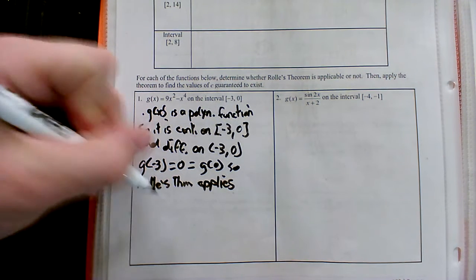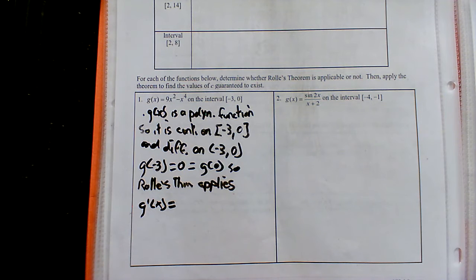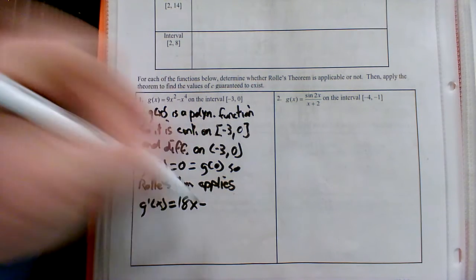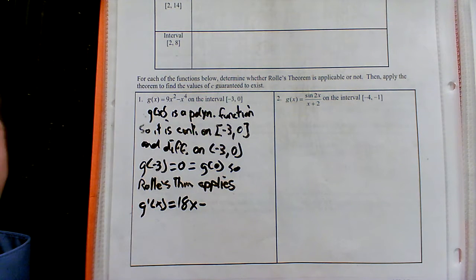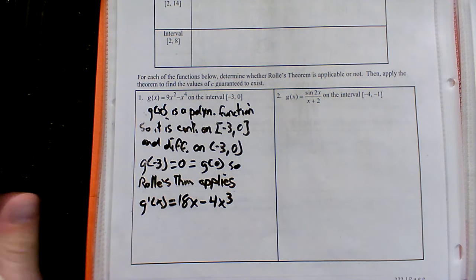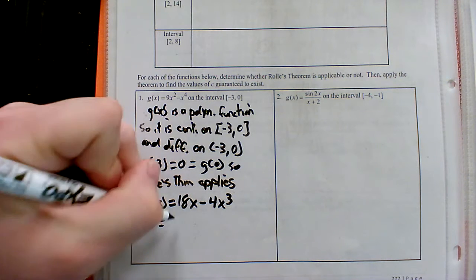Yeah, find the derivative. We need g prime of x. g prime of x would be 18x minus 4x cubed. Okay, that's the first derivative. We want to know when the first derivative is equal to 0. So 0 equals, and I can factor out a 2x.